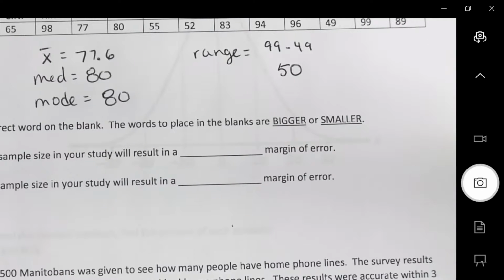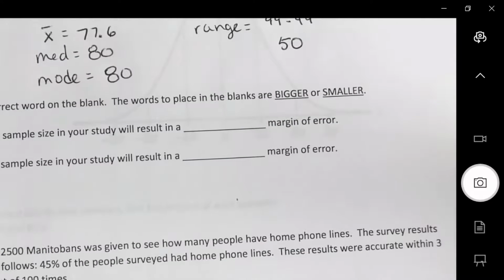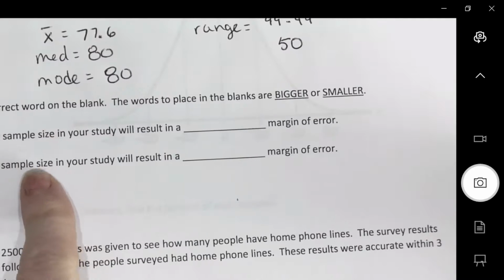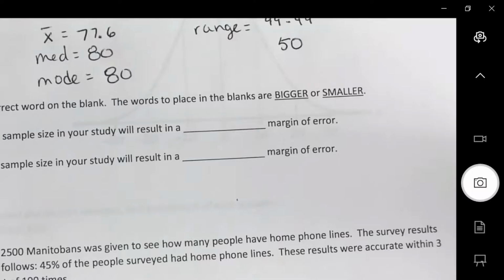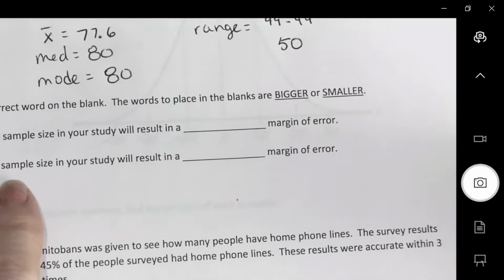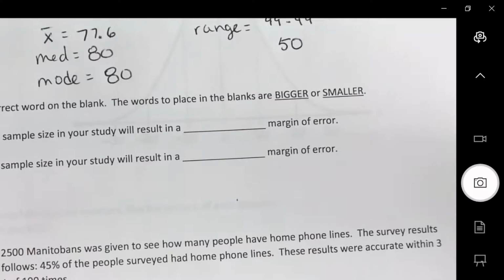Fill in the correct word on this blank. So either you're going to put bigger or smaller. The larger sample size that you have in a study, so for instance, if I'm surveying people, I could have a large sample size of like 2,000 people I surveyed versus a small sample size is that I asked 40 people.